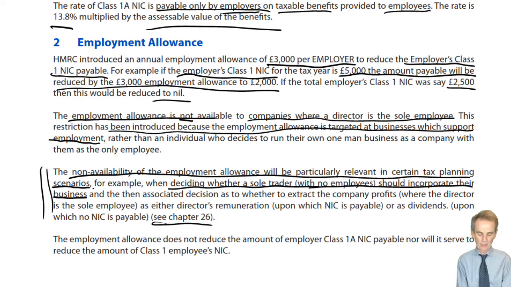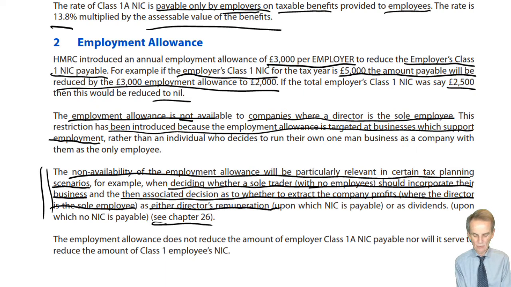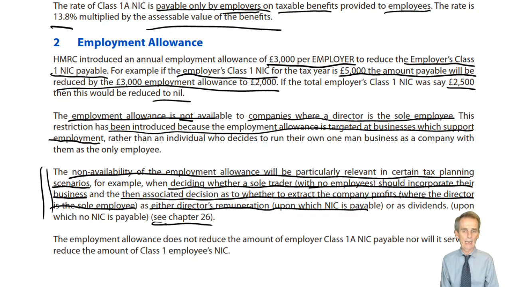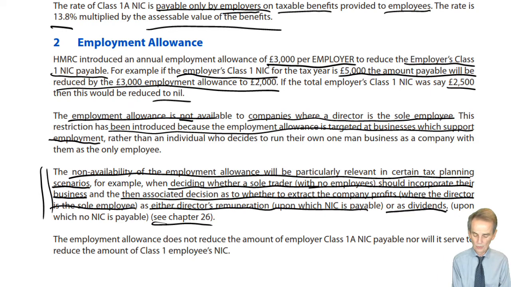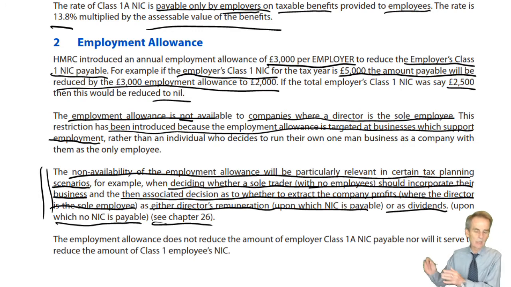Should I incorporate? And the then associated decision as to whether to extract the company profits, where the director is the sole employee, as either director's remuneration, upon which of course NIC would be payable, or as dividends, upon which no NIC is payable. And again, the detail of this is in Chapter 26 that you'll see at the end of your studies once you've got a good overall knowledge of all of the different taxes and tax systems that apply there.